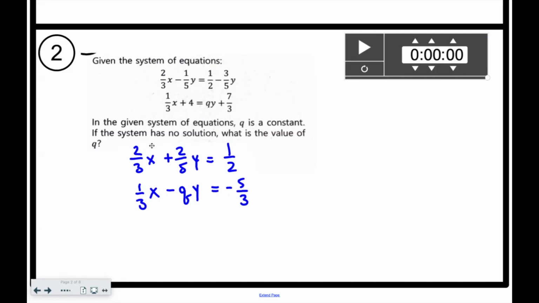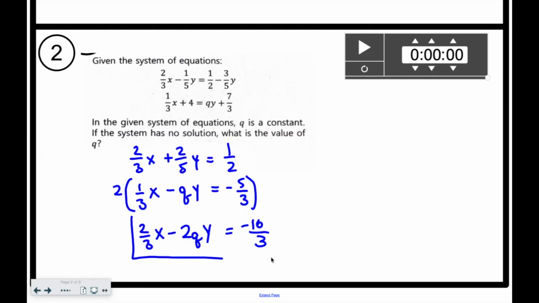And then what I want is to make the X's the same. I can't make the Y's the same because I don't know what Q is yet, but I can make the X's the same by just multiplying this by 2. So this new second equation is 2/3 X minus 2QY equals negative 10/3.